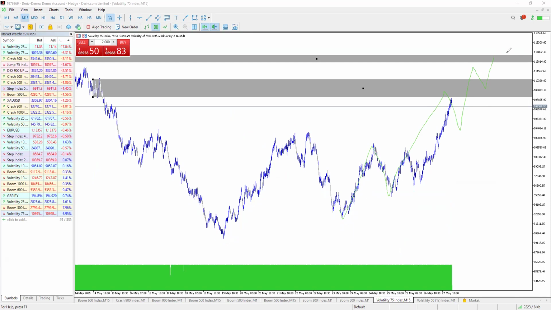Now, if you are not going to break this high, we expect our change of character first and our break of structure second. And then in that M15, we start selling. This is in the event that we are not selling and it fails to break that high from our H4, right? But if it breaks, this is what it's going to do.